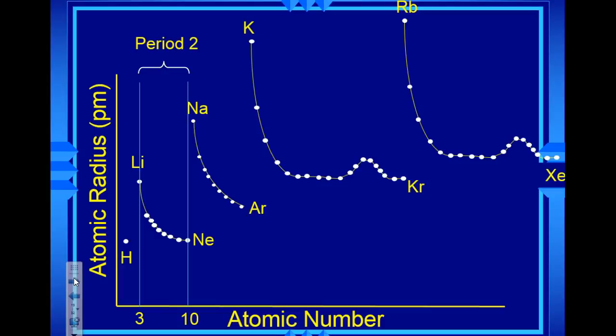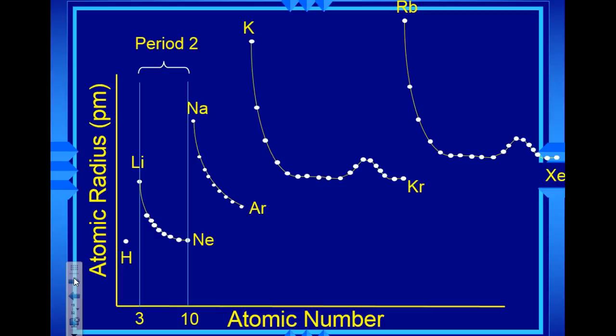We have hydrogen here, lithium, sodium, potassium, rubidium. As we go down a family, the atomic radius increases. As we go from lithium across the row to neon, the atomic radius decreases.